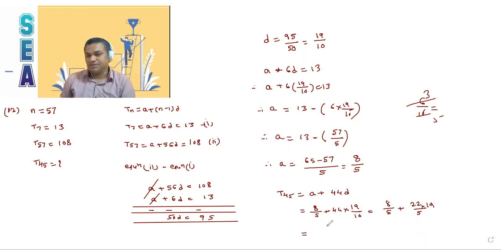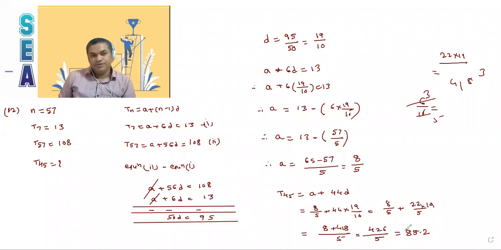This will be the answer. It will be 8 plus 22 into 19, how much will it be? 22 times 19 is 418. So 426 divided by 5. This is the 45th term. If you want this answer, you can write it as 85.2. Yes, 426 by 5 is 85.2.